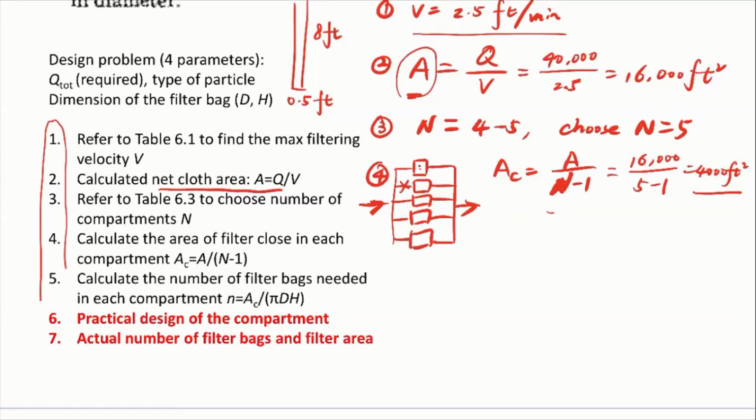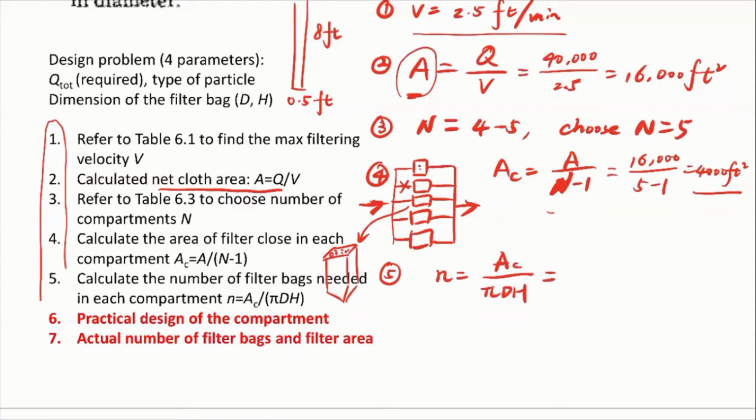And now we can calculate the number of the filter bags in this compartment, right? So for this compartment, we're trying to know the arrangement of the filter bags in here. That can be calculated by n equal to Ac divided by pi d h.